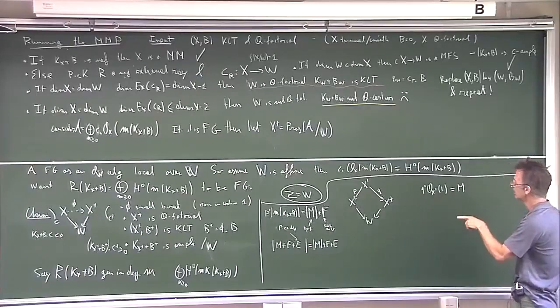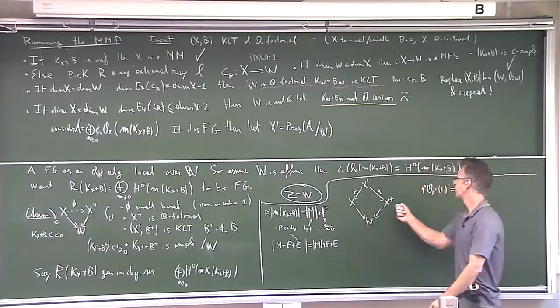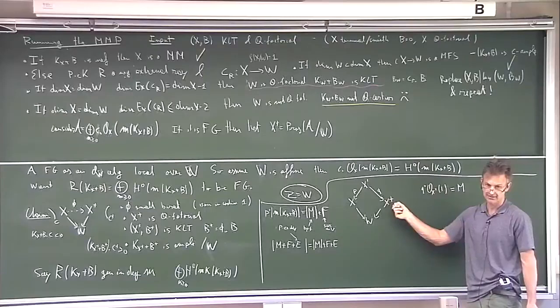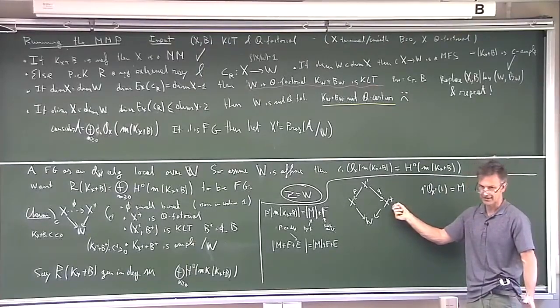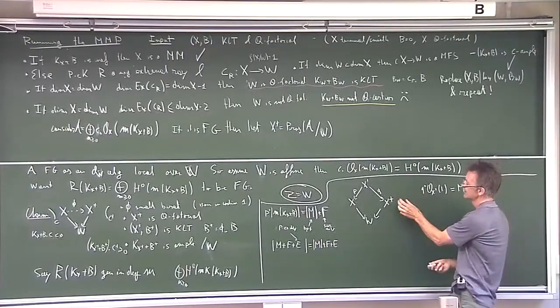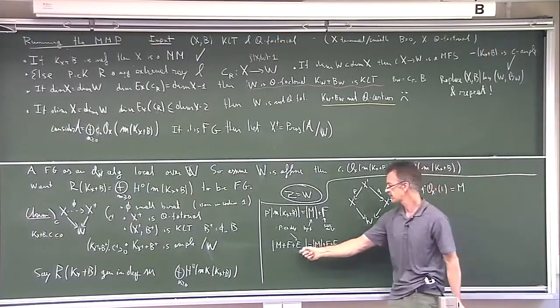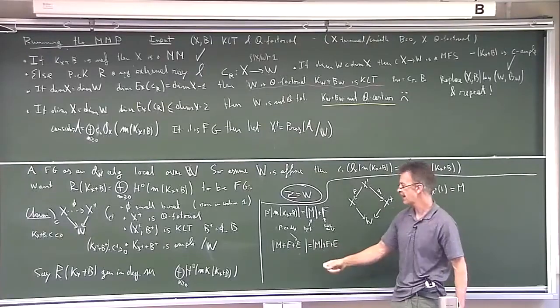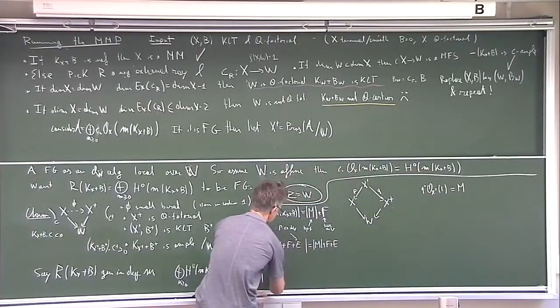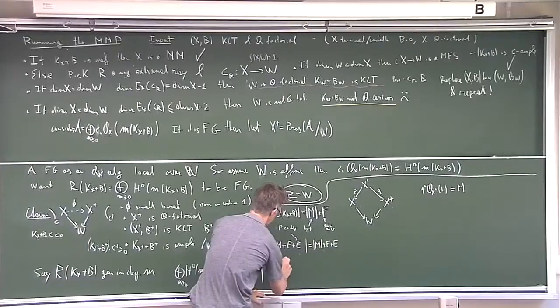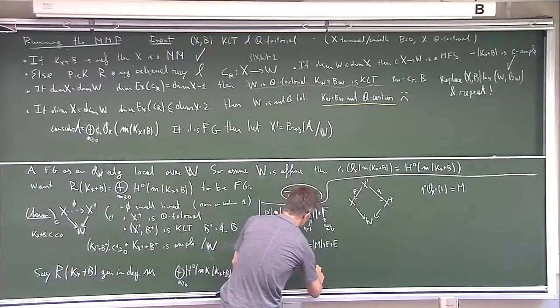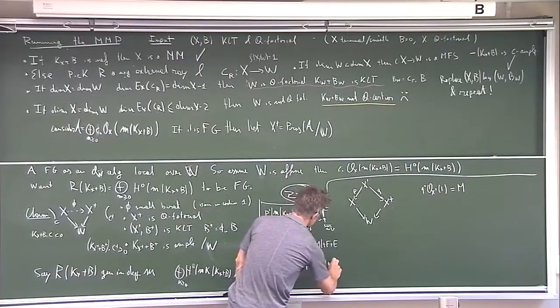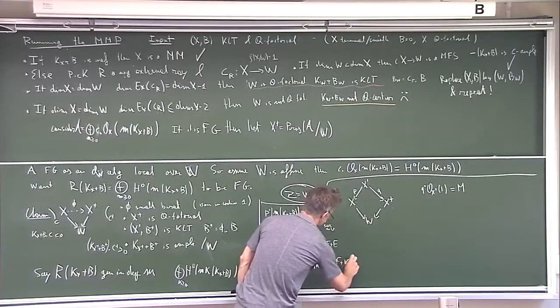So now, M is the pullback of an ample divisor on X plus. So I need to argue, and hopefully I'll get it right, that this equation doesn't just hold for M. It actually holds for any multiple of M: kM plus F plus E equals kM plus kF plus kE.